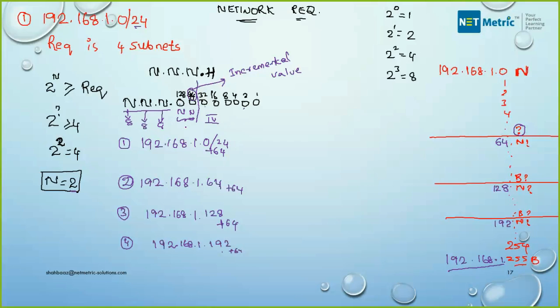But now I have added 2 extra bits. So I will give the subnet mask 26 to everyone. Every network, the subnet mask will be 26. If you do some miscalculation in the subnet mask, then the number of IPs, everything will be changed.